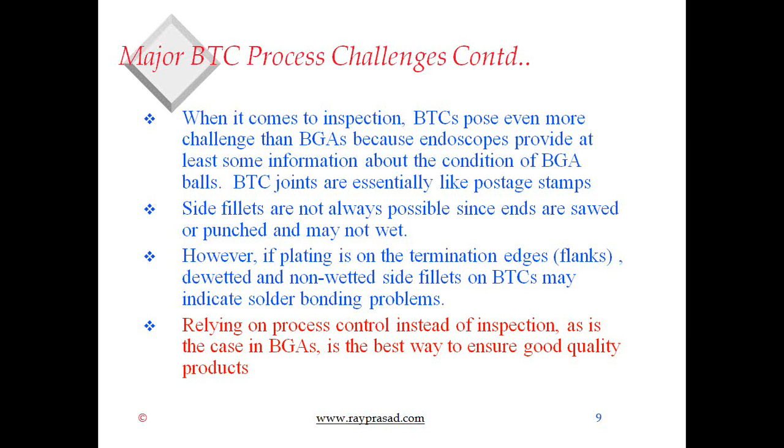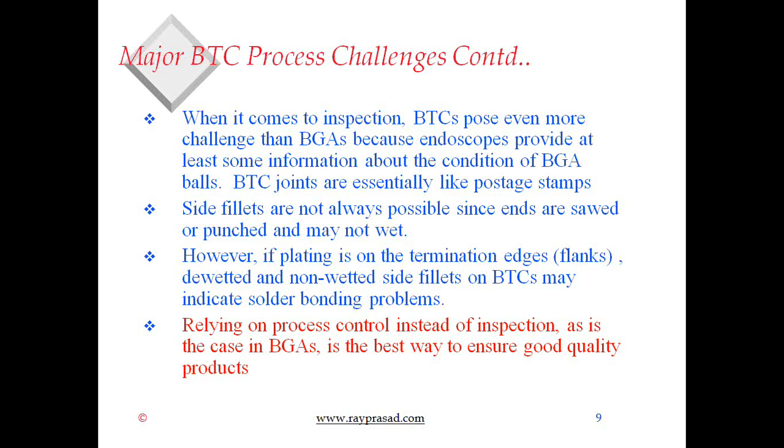BTC, on the other hand, is essentially like a postage stamp, so you can't see anything under there. And then you have these fillets, that's exposed copper that's not going to form, so you can't use that as a guideline either, because this is a postage stamp.